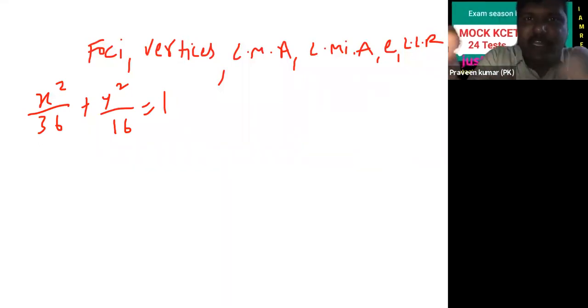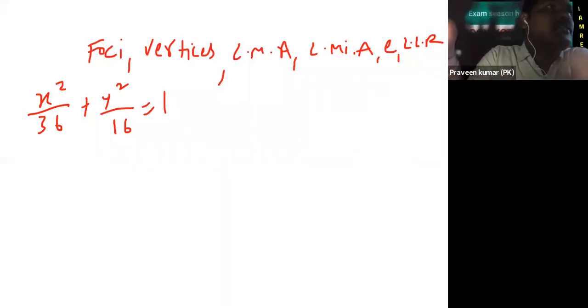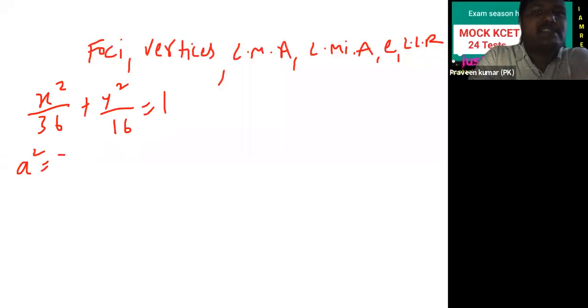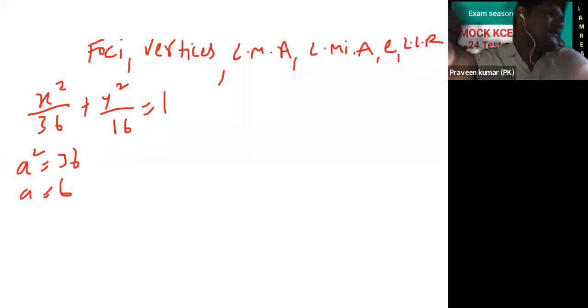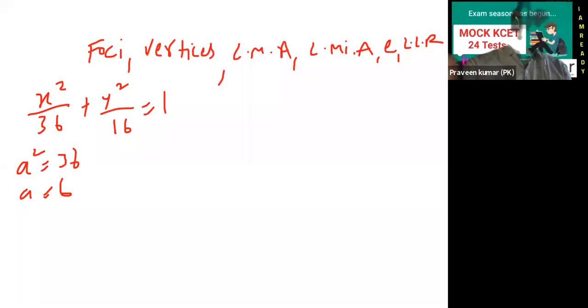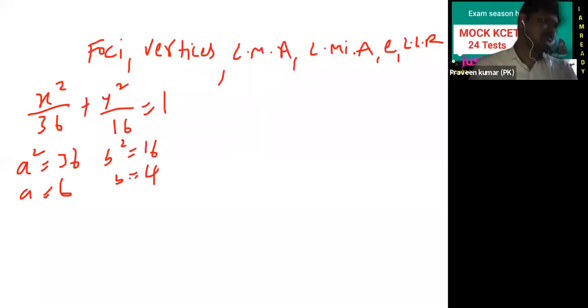Dear students, first you can write a. A square is 36, a is 6. B square is 16, b is 4. Can you find the values?